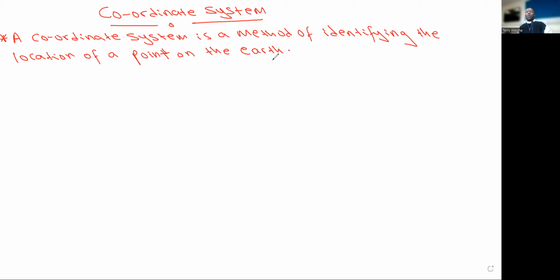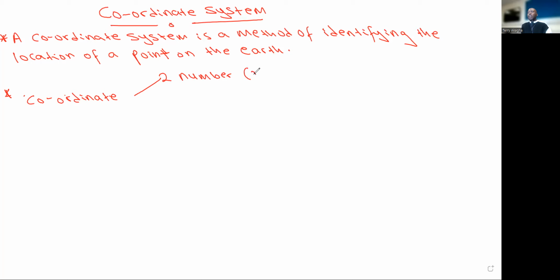Now, what you need to know is that most coordinate systems usually use two numbers, okay? Some of them use two numbers while some use three numbers. If it's using two numbers to identify, that is what we call two dimension.